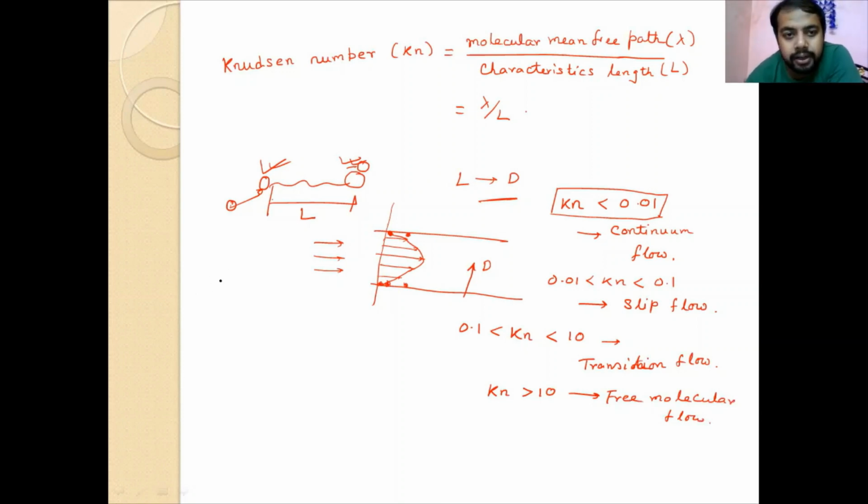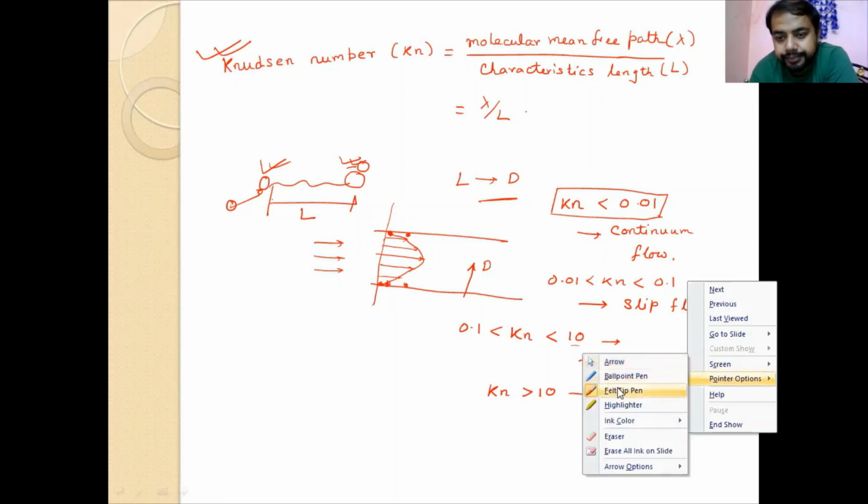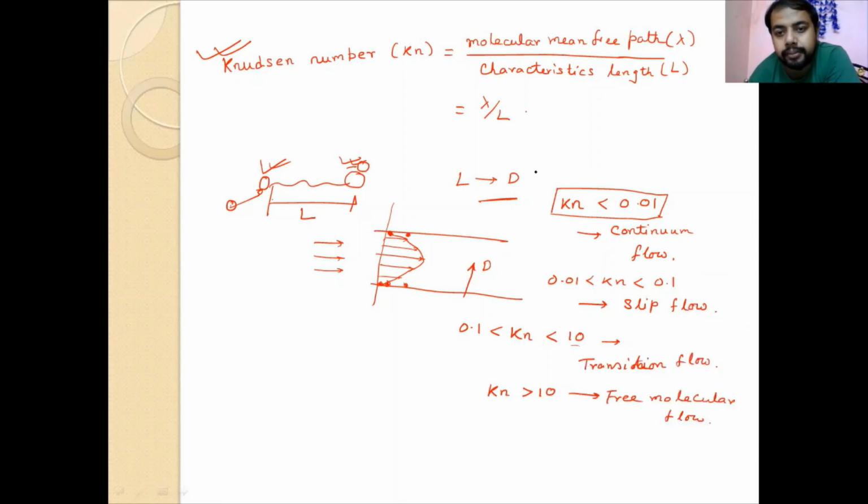So only one number, the Knudsen number, defines which kind of system we are in. Mostly we will concentrate on continuum flow in our analysis.